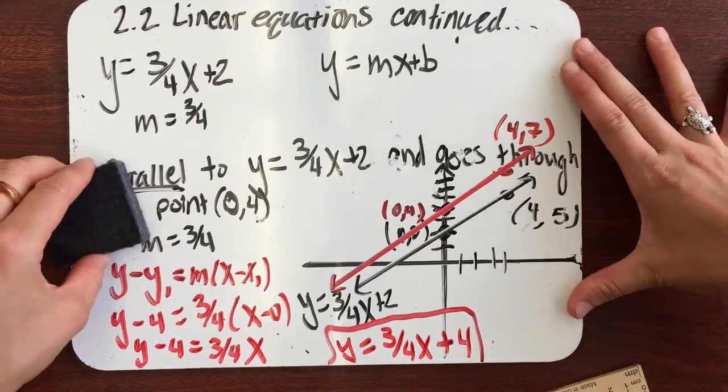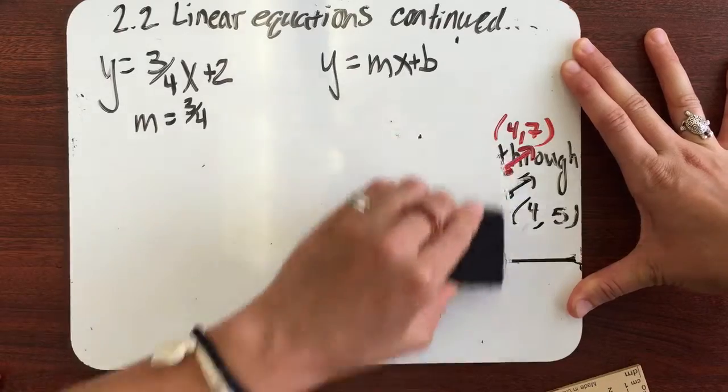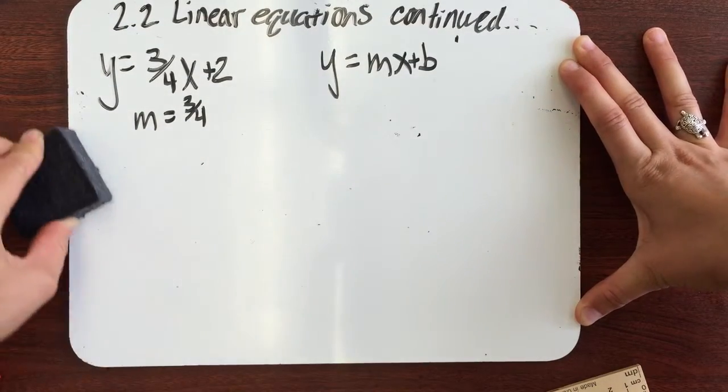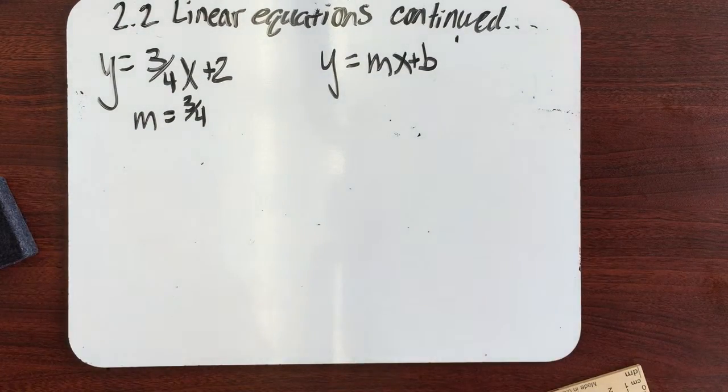Perpendicular lines is a little bit different. So when we're looking at perpendicular lines, that means that they're forming right angles.